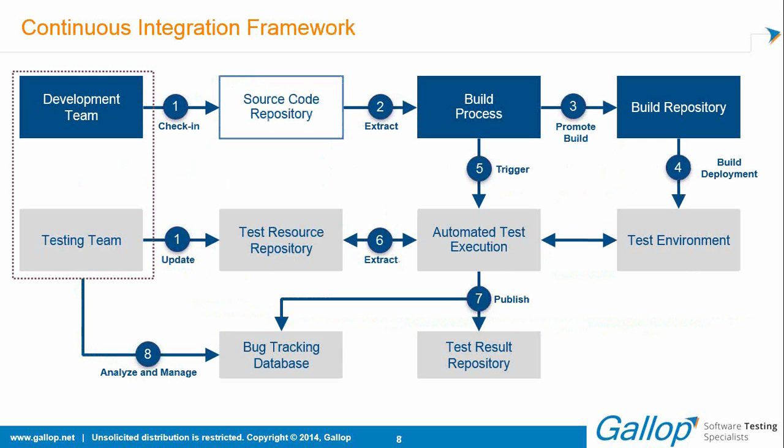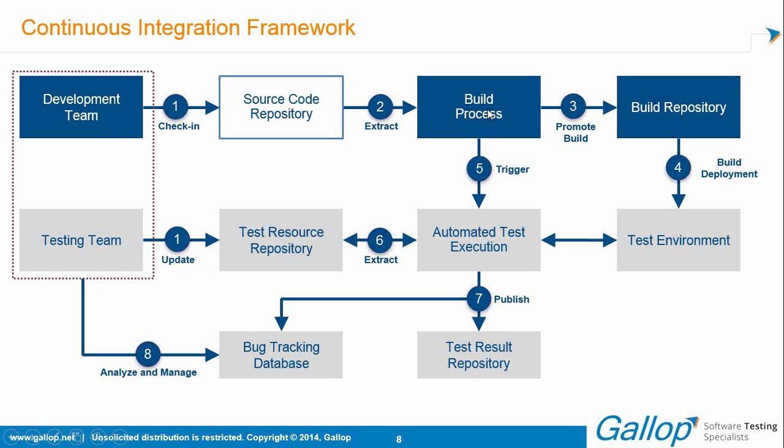So this is how a typical CI framework would look. We have both the development team and the testing team, working hand in hand in parallel. Once the development team checks the code into the repository server, the build process is automatically triggered.